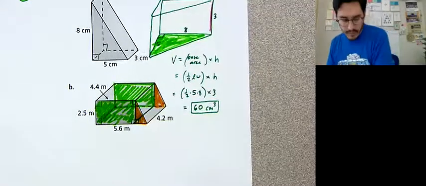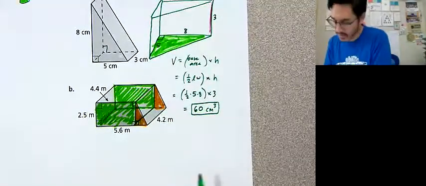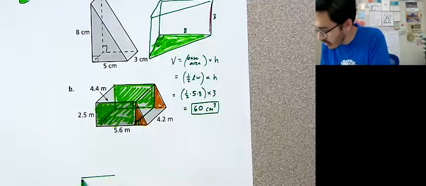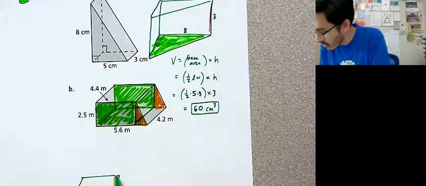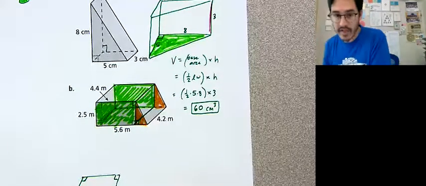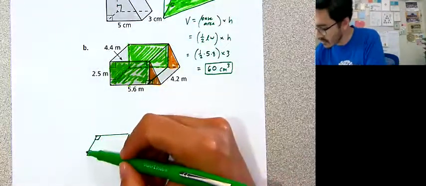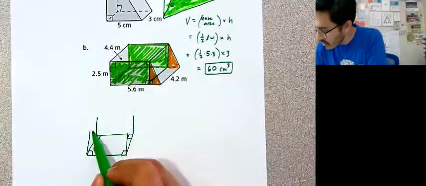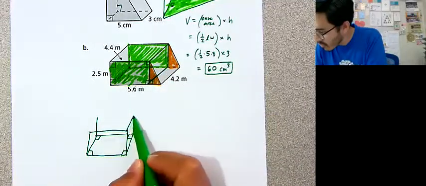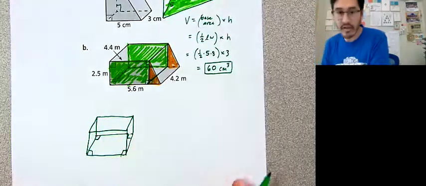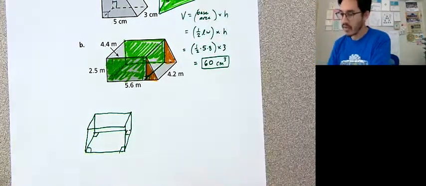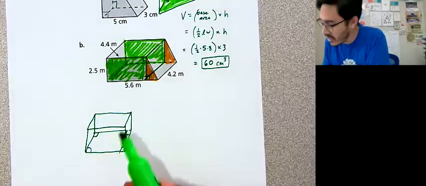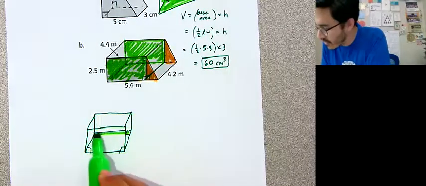All right, so let me try to redraw these. Okay, so I'll just draw a rectangular base. And a rectangular top, okay? So I'll shade just the bottom base this time.